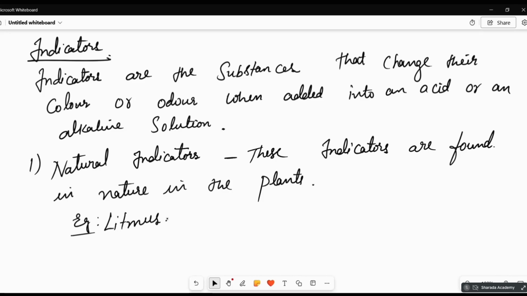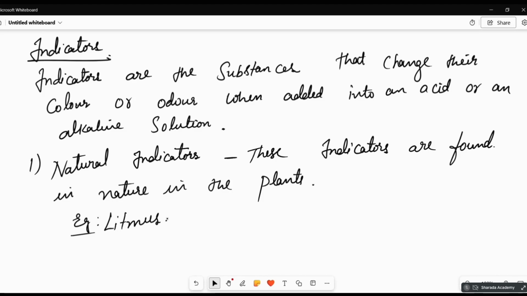Most of the time it will be natural. Onions, it changes its smell. Vanilla, if you take the bean, it will have a very good, strong smell. When you put an acid, it will not change its smell.